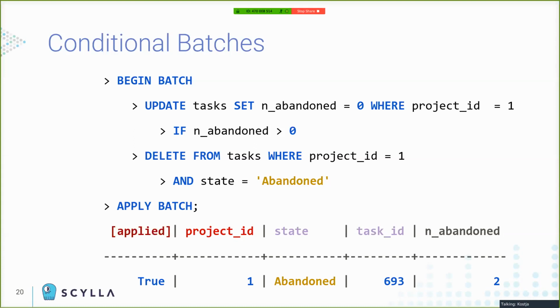With batches, if a batch contains at least one conditional statement, and it can have many, then the entire batch is atomic. It's executed as all or nothing. In case a batch has a single statement, then before applying the batch, we check the conditions of this particular record that is used in this statement. If there are multiple conditional statements in the batch, all of the conditions in all of the statements have to be true for the batch to be applied.